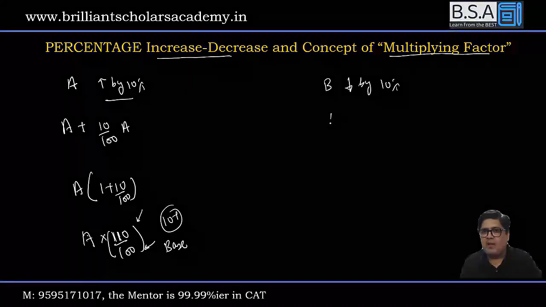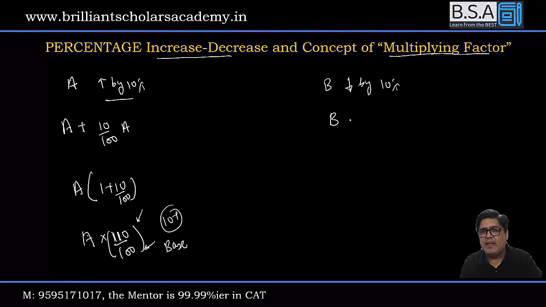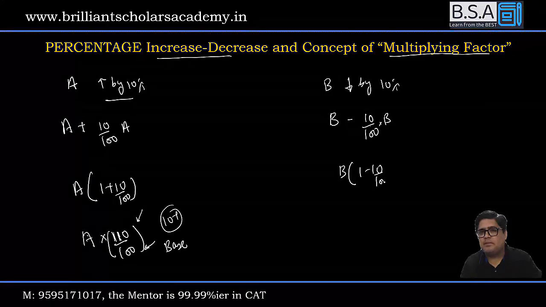Here, because I am decreasing something, I will subtract 10% of B. I will take B common. I will rearrange this. 100 will go up. 100 minus 10. 90 by 100.